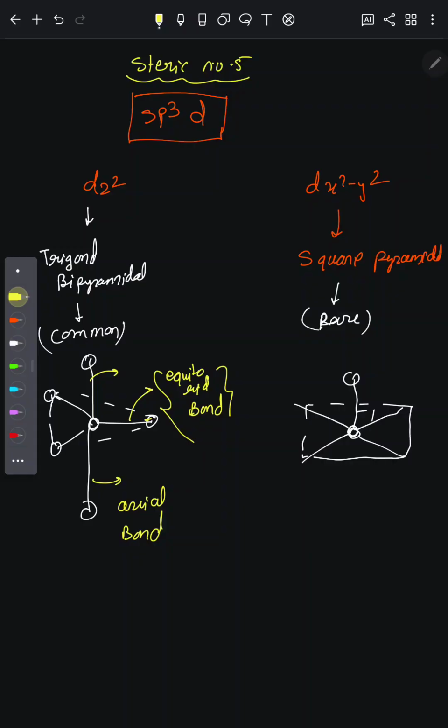So why do some molecules prefer the axial position and some prefer the equatorial position? This is decided with the help of the site selection rule, which is only applicable in TBP. According to this, it depends on percent s character.